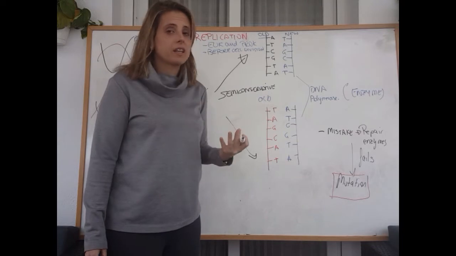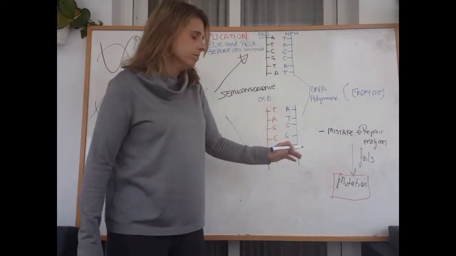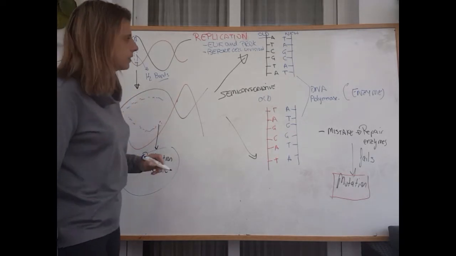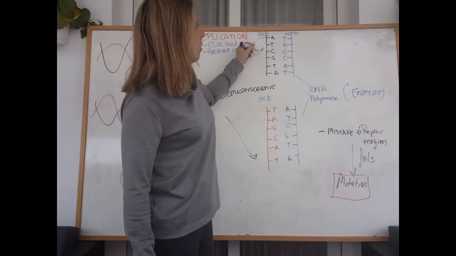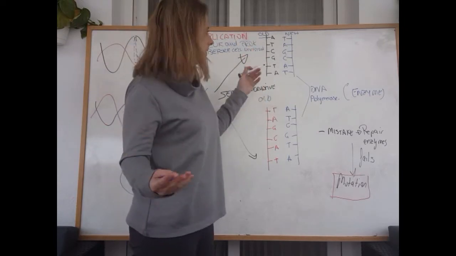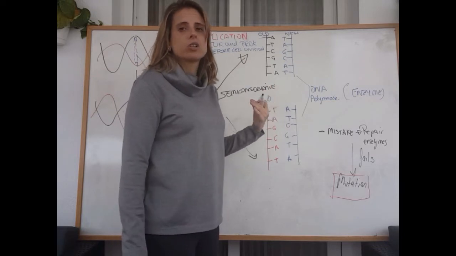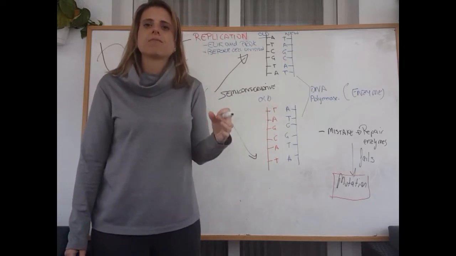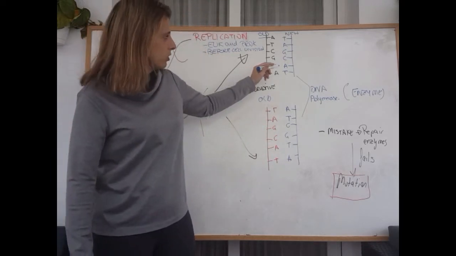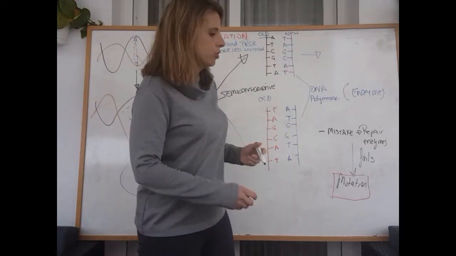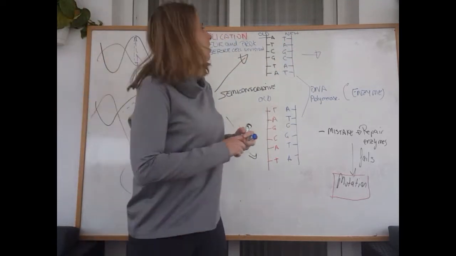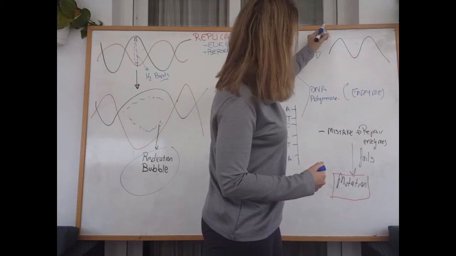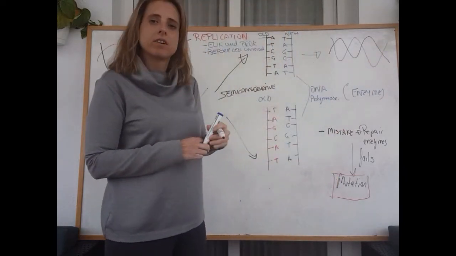And you are going to synthesize another one. The new ones are going to be here and here. So we are going to use one of these as a model, the old ones as a model, and you are going to create a new strand. This is called a semi-conservative process, because when you finish with the replication of the DNA, one of the strands is going to be the old one, and the other strand is going to be the new one, right?